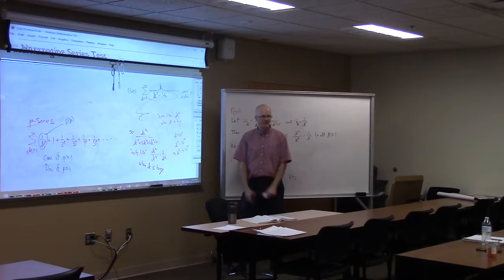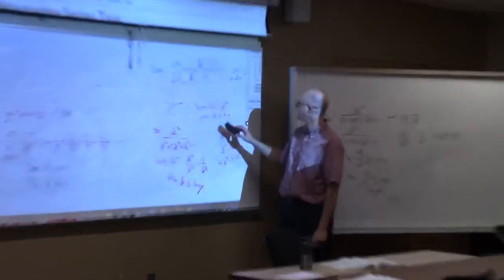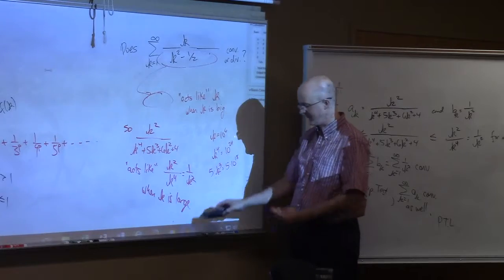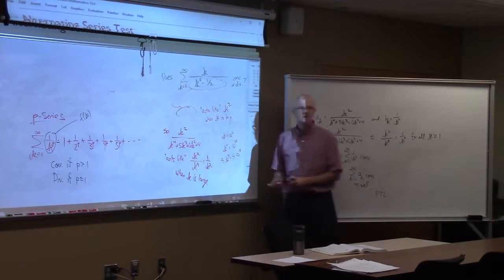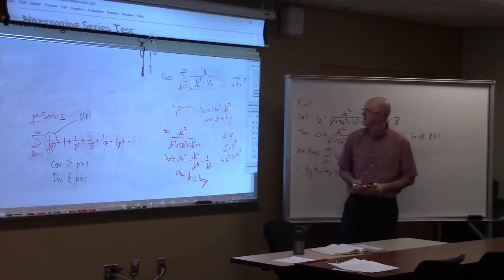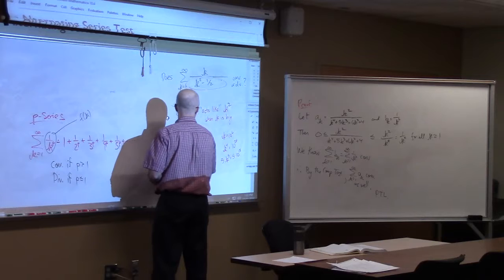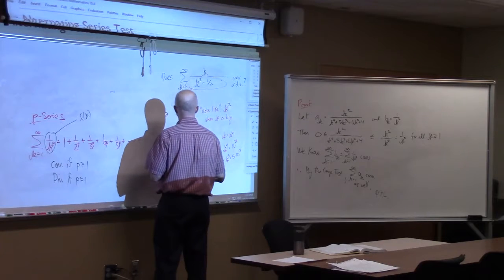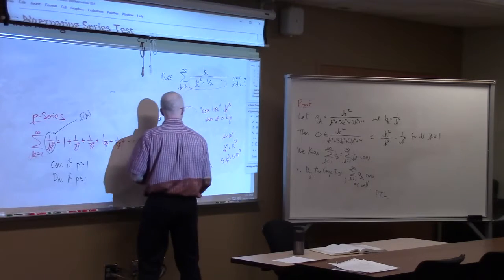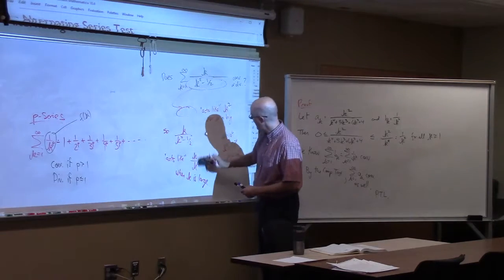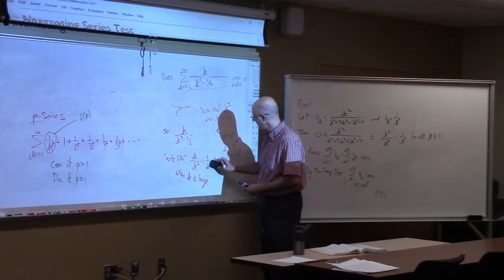Does this converge or diverge? What does this thing act like? It acts like k squared when k is big. The 1/2 doesn't matter much. So the whole thing, k over k squared minus 1/2, acts like k over k squared, which is 1 over k when k is large.